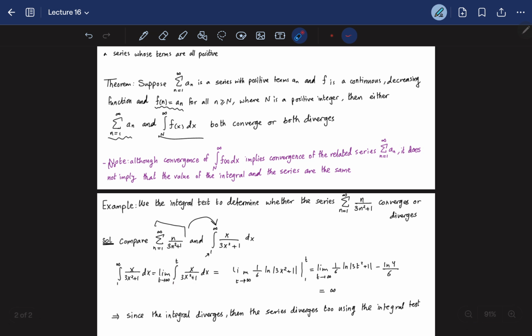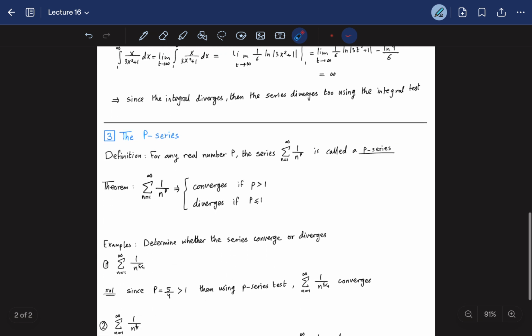Now if you use a u substitution, you're going to get ln of 3x squared plus 1 once you plug in the upper minus lower bounds. Once you plug in infinity, ln of infinity is just infinity, so the improper integral diverges. Since the improper integral that we compared the series to diverges, using the integral test, my series diverges too.